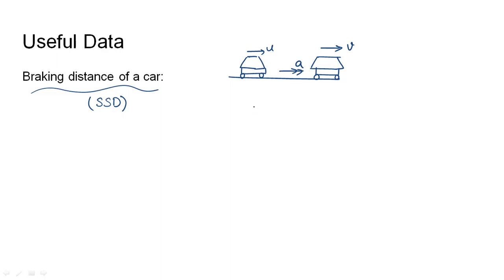So using the third equation of motion, that is v square equals u square plus 2as, where v is the final speed, u is the initial speed, a is the acceleration and s is the braking distance. We can obtain s as v square minus u square divided by 2a. Here, since acceleration would be negative, to reduce the speed as the vehicle is retarding, a should be kept as a negative value, which would take care of v square minus u square being negative.